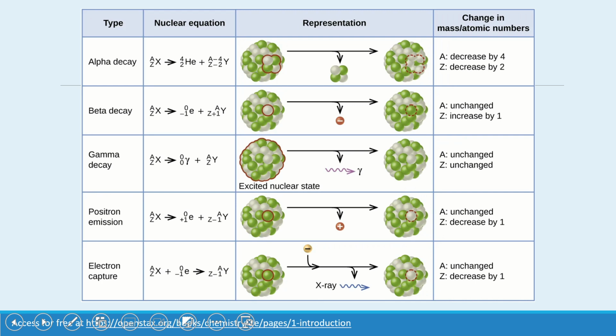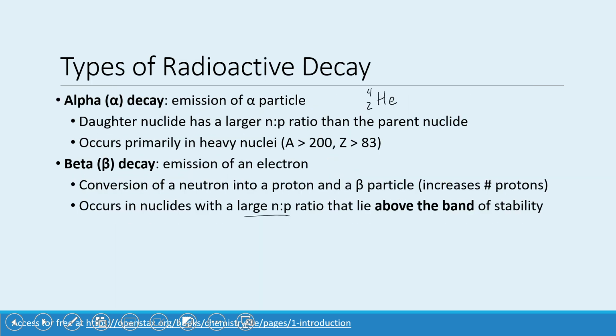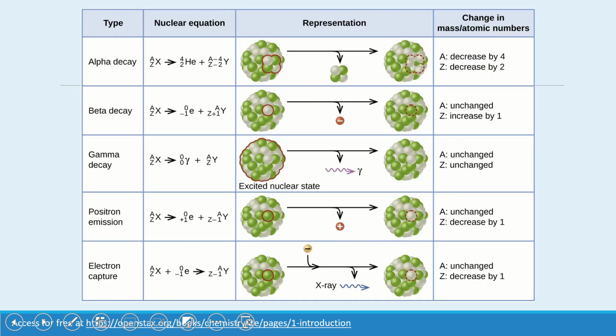Beta decay is when the parent is above the band of stability. Gamma ray emission happens when you have an excited state, represented by that asterisk symbol on the top right corner. And then positron emission and electron capture are when the parent lies below the band of stability.